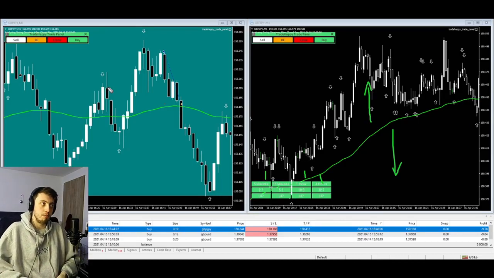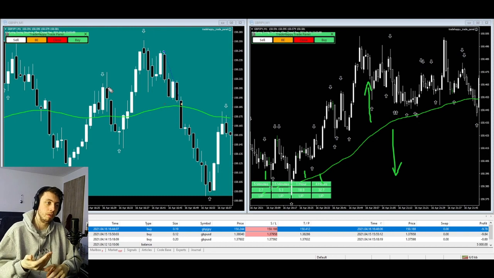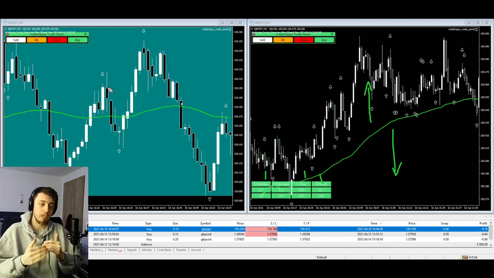You need, really, for the maximum kind of percentage wins, you need your entry candle to be no bigger than 5 pips, okay? If it's bigger than 5 pips, the win rate drops, and if it's smaller than 4 or 2 pips, the win rate drops as well. So between 2 and 5 pips is a really good place.